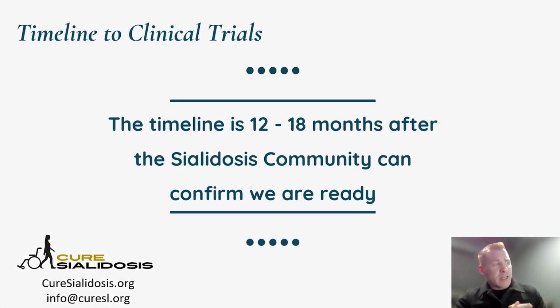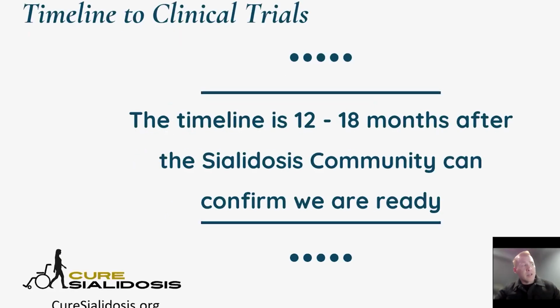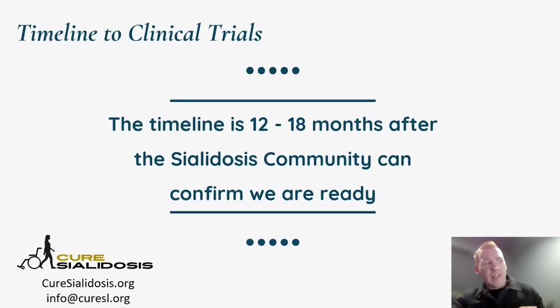Once we're ready as a community to say, yeah, we want to go ahead, the timeline for human clinical trial is between 12 to 18 months, and that's simply based on manufacturing timelines, scheduling, that kind of thing.